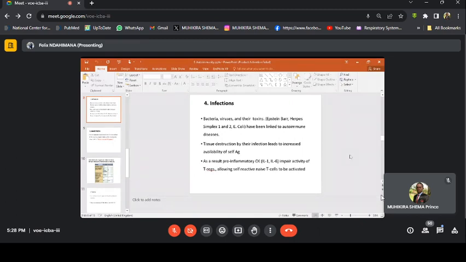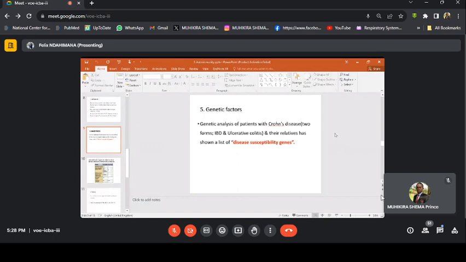But in this case, if the T regulatory cells are not working well, there might be cases whereby some naive lymphocytes that have never been in contact with the antigen can now be activated. And once they're activated, of course, they will cause problems in our immune mechanisms.